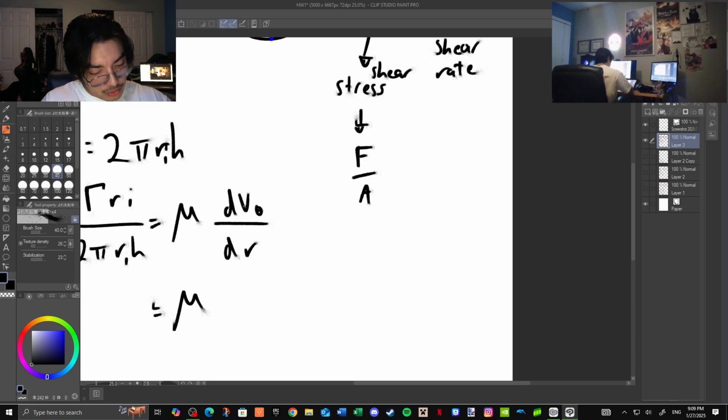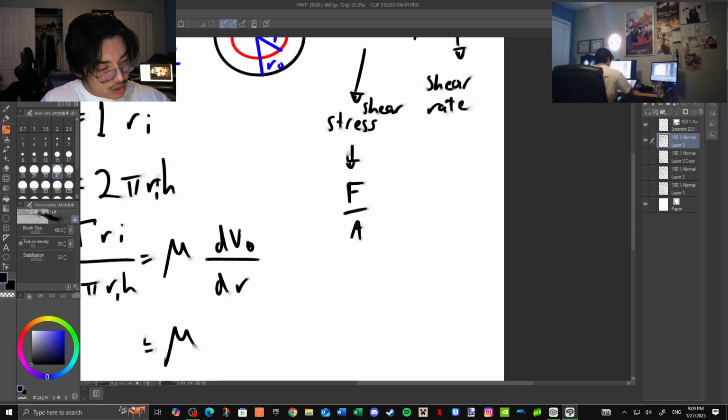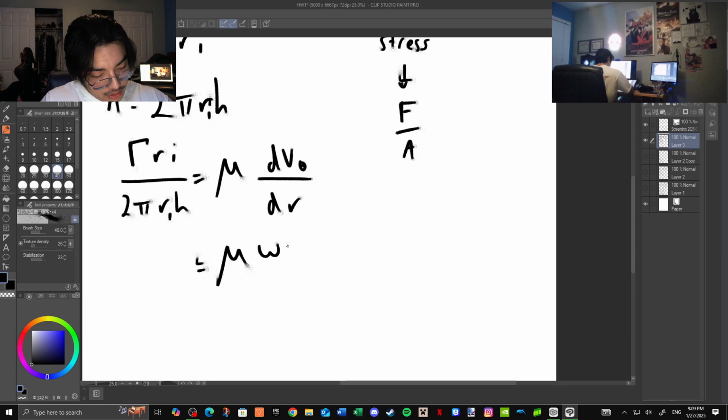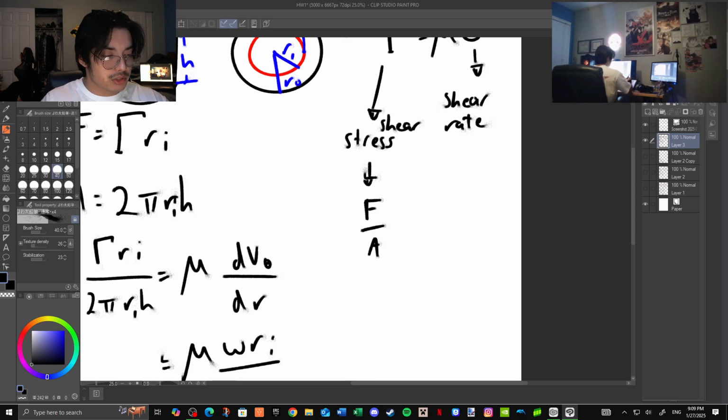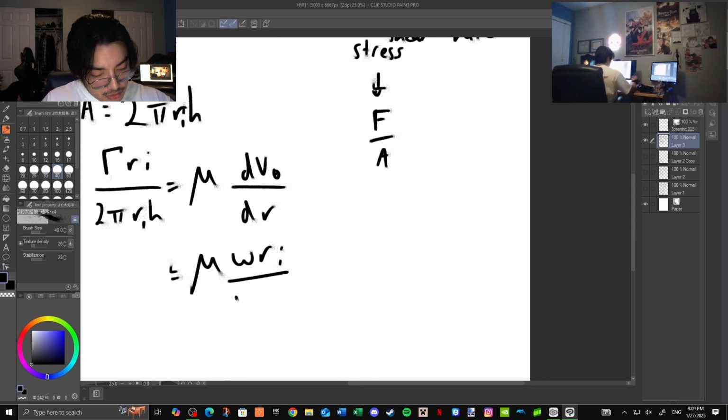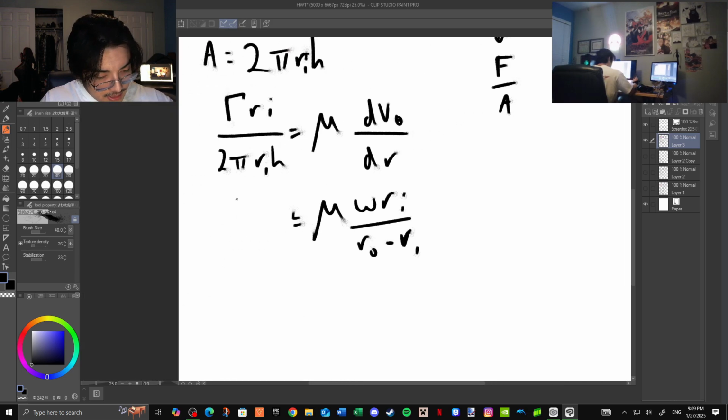So we will replace dv theta with omega radius inner, then dr will just be the space between the inner cylinder and outer cylinder. We can write that as r outer minus r inner, then just copy the rest of the expression.